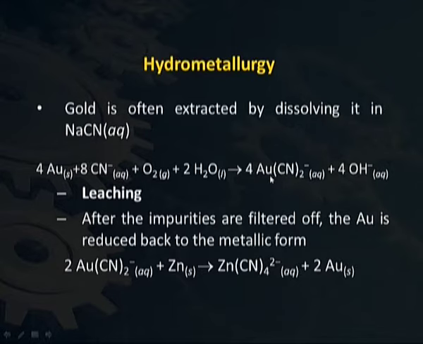So we have this pure gold cyanide solution, and from it, after filtering out the impurities, we are able to carry out a reverse reaction and precipitate the gold. And this is how gold, even from very lean ores, can be extracted.